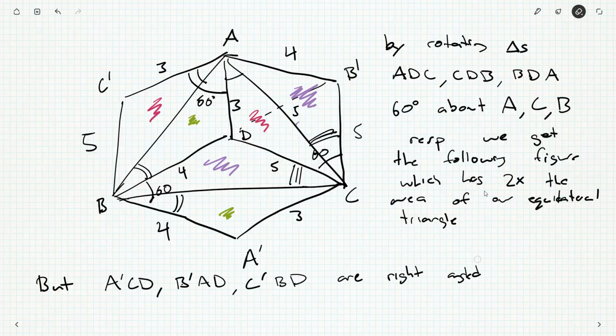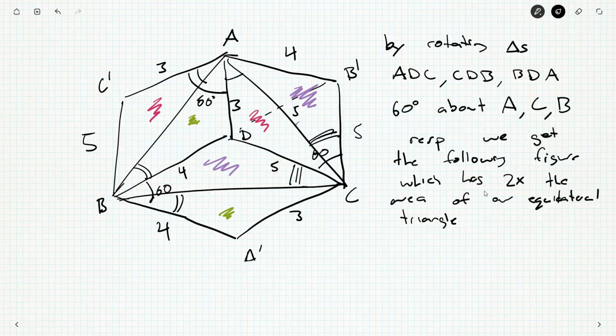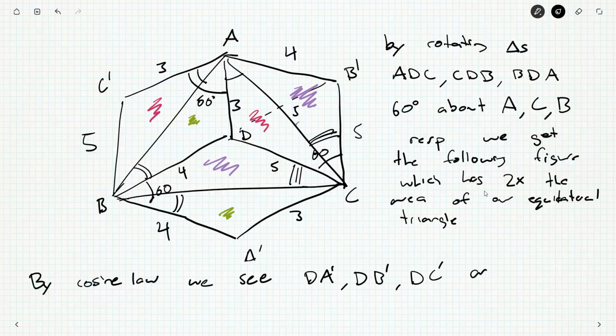Well, no, I can't say that yet. I gotta point out that by cosine law, we see DA prime, DB prime, and DC prime have lengths 4, 5, and 3.